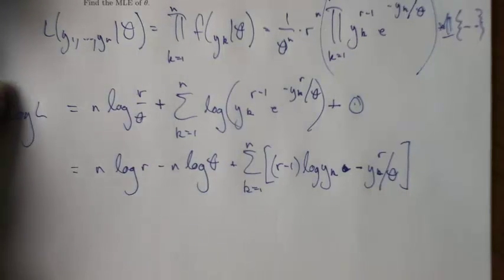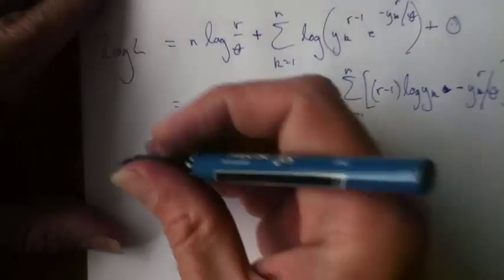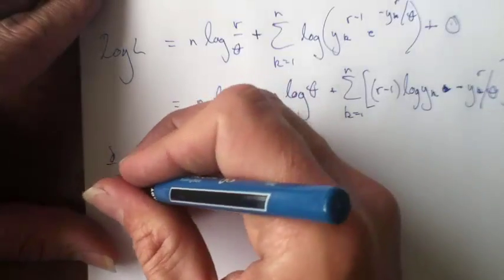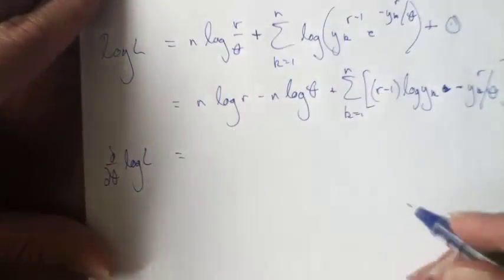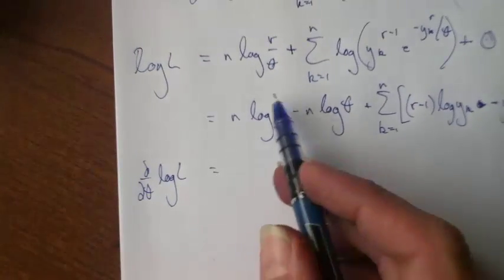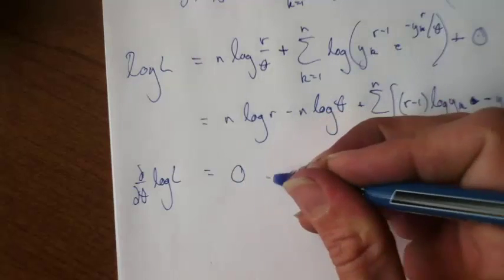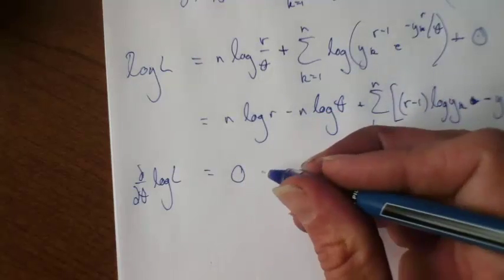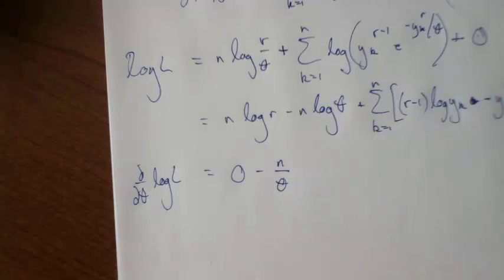So at this point, I think I can start thinking about taking the derivative. I'm going to say the derivative with respect to theta of my log likelihood function is going to be, well, this first term is constant with respect to theta, so I get a big fat 0. This stuff is going to be negative n over theta, right?